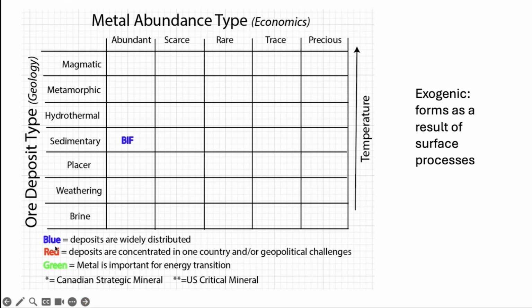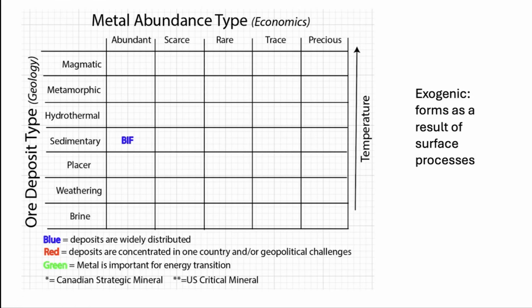Now, I've also color-coded these. Blue, the deposits are widely distributed, so we're not too worried about them, in terms of the politics or the economics. If we can't get it here, we can get it somewhere else. Red are deposits that are concentrated in one country, and or there are some geopolitical challenges that we should be aware of. And then green, obviously, is a metal important for the energy transition.